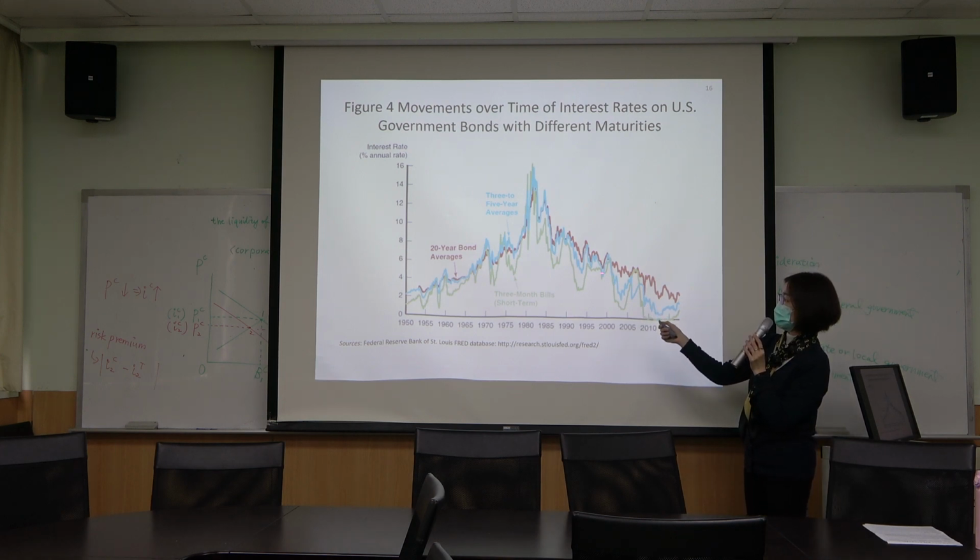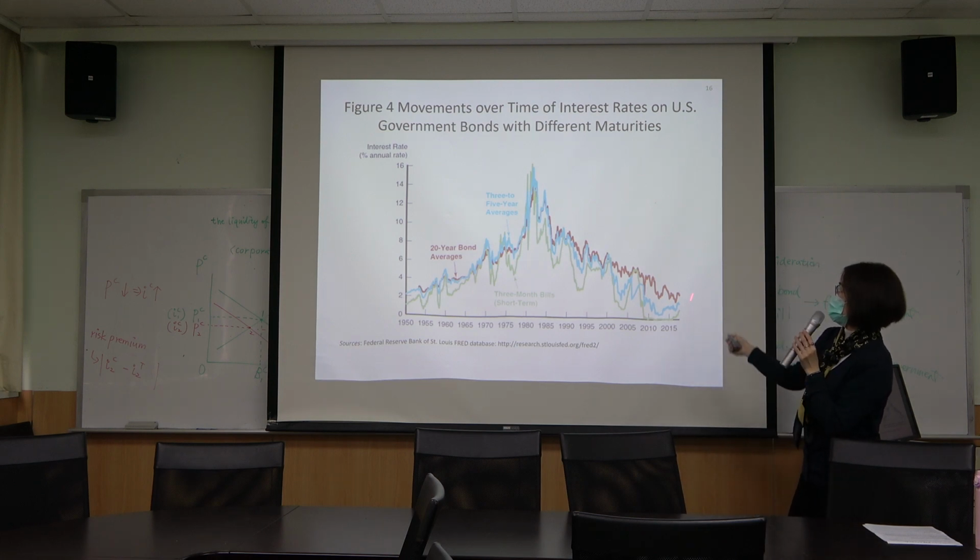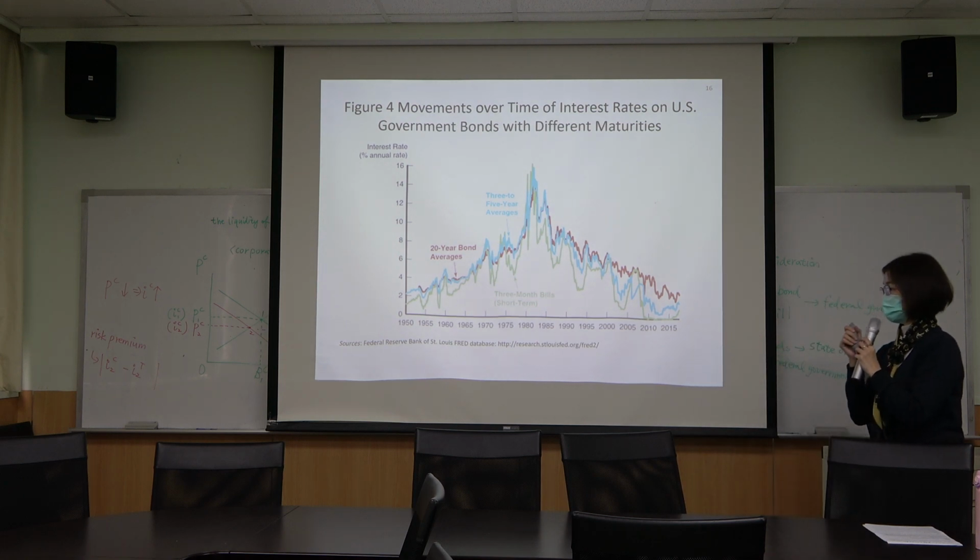The 20-year bond has the highest interest rate, higher than the 3 to 5 year averages, and even higher than the 3-month treasury bills. So if we draw the yield curve after the 1980s, what will we have?